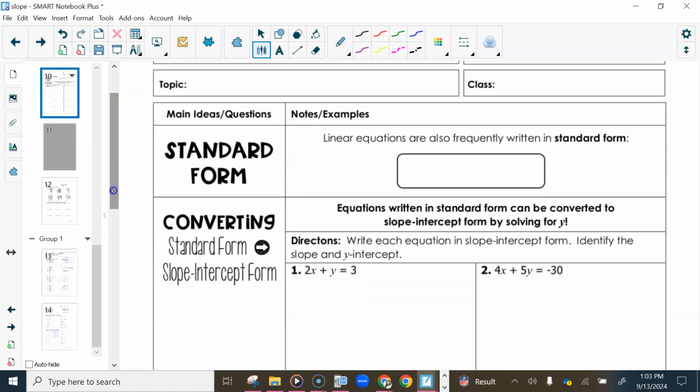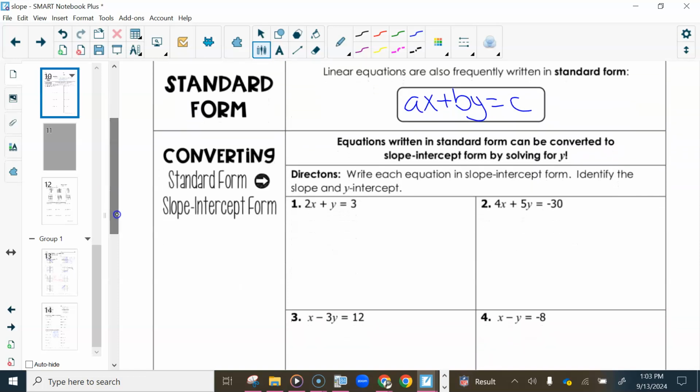So we'll figure out how to do that. So this one is ax plus by equals c. This one we don't have to remember, but we have to be able to recognize it. But the slope-intercept form we do need to remember: y equals mx plus b. So when we have something like this, we're going to be solving whatever this equation is, like we solved our literal equations, but we're only ever going to be solving for y. We want to get y by itself.